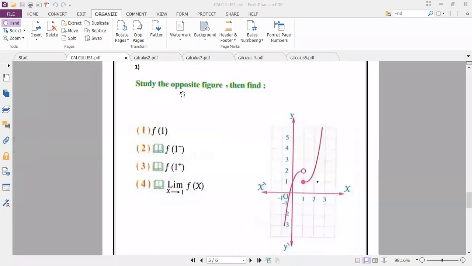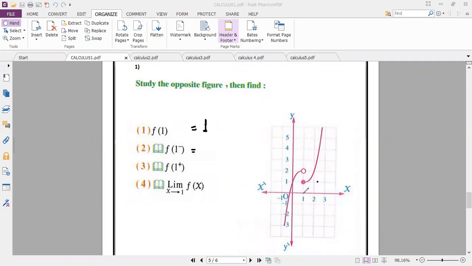I want to study the opposite figure and find f of 1. So as you see here, f of 1, let's go to the graph. Here x is 1, f of 1 equals 1. When we get 1 here on x, go up, you will hit 1. So f of 1 equals 1. The limit as x approaches 1 from the left, what does it mean?